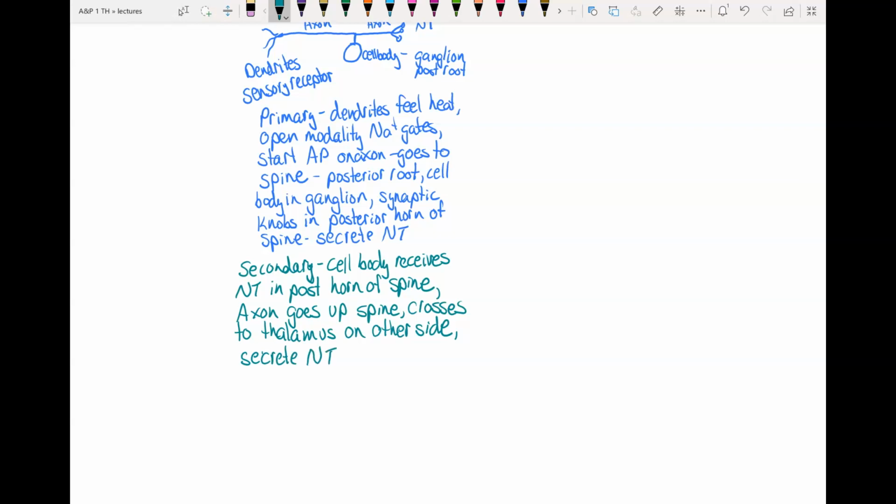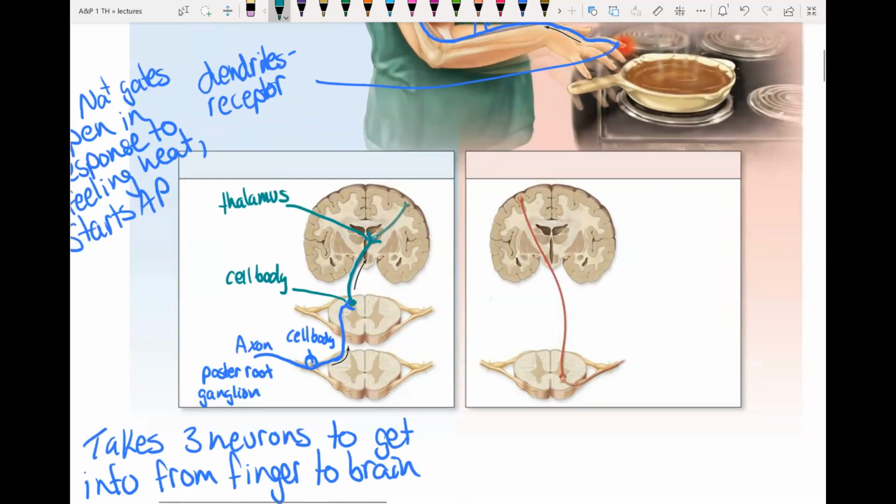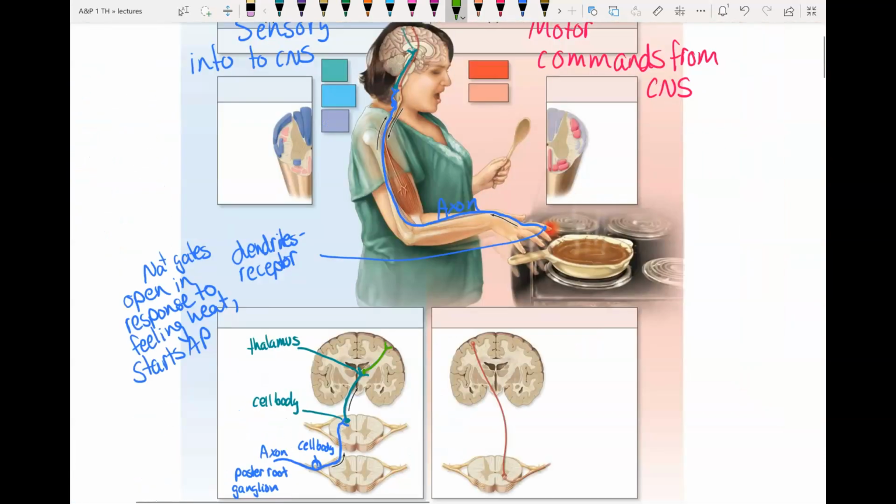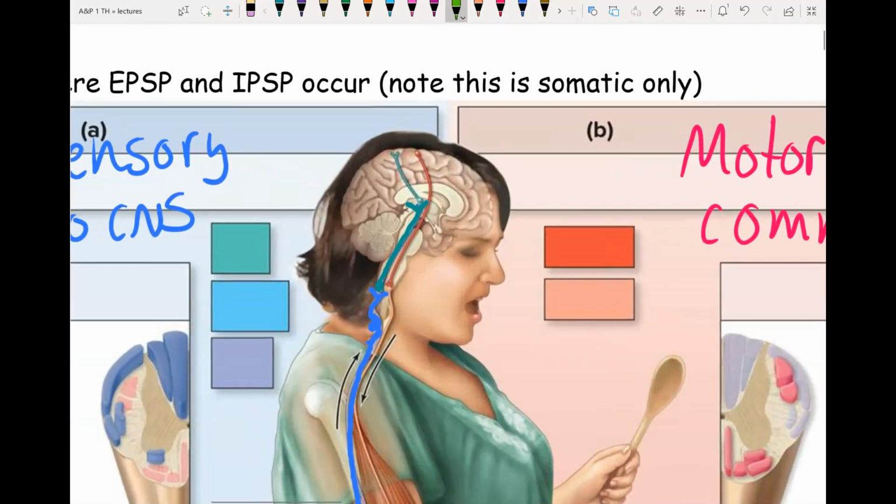So now we're ready for the third neuron. So this is the tertiary. Its cell body is in the thalamus, and it goes up here to the cerebral cortex. And here we can see it in this picture.